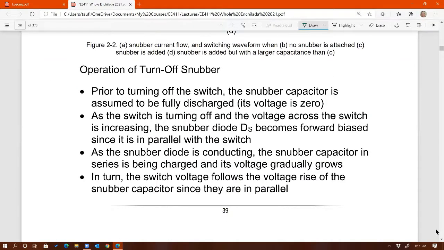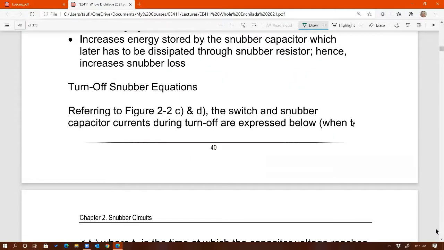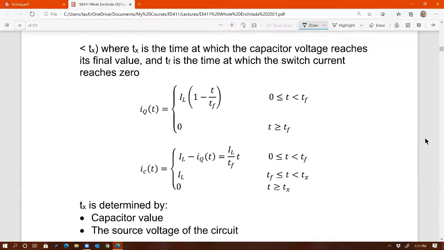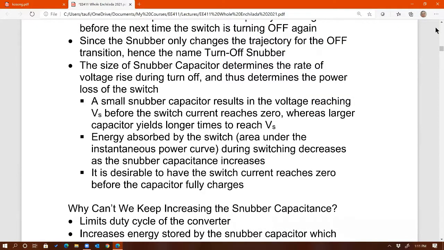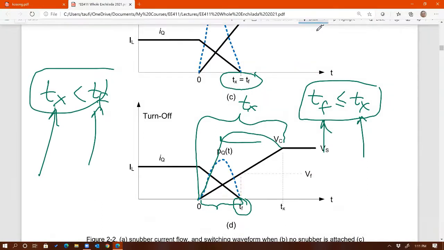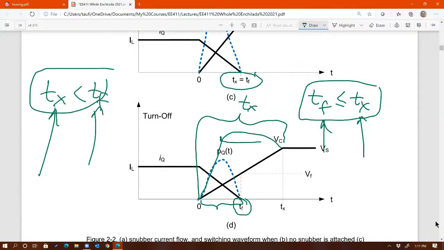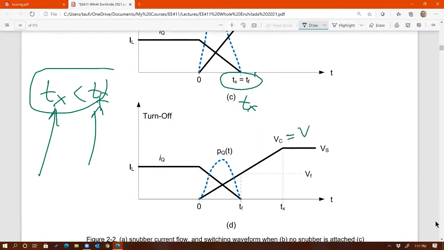Let's derive the equations. In order to size the capacitance, I need to know the capacitor voltage. Let me erase all of these. Remember that VC is equal to VQ.